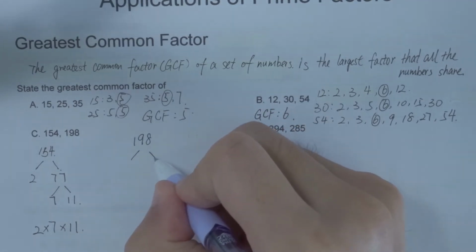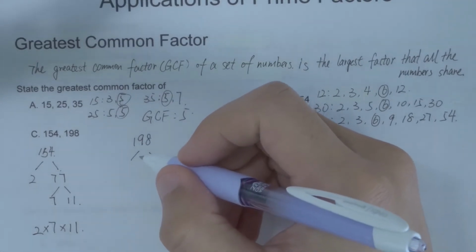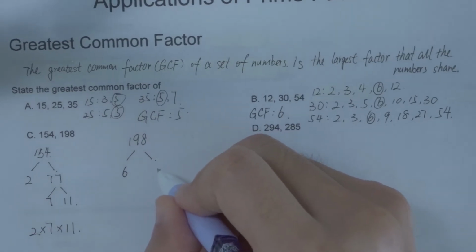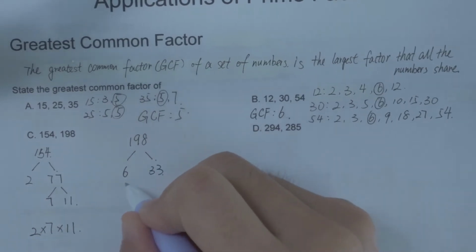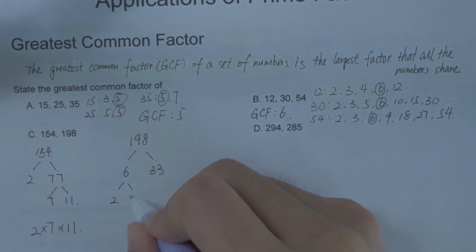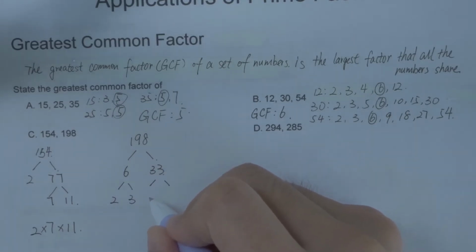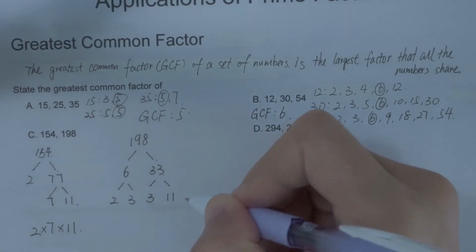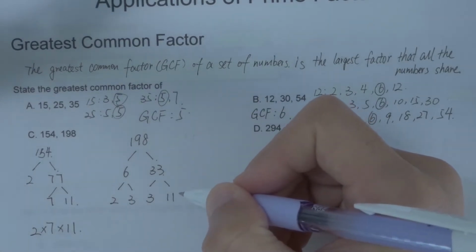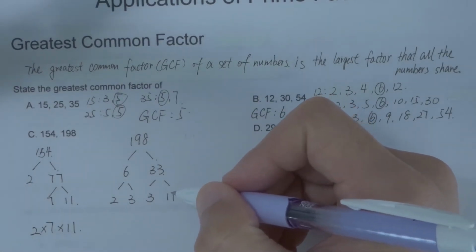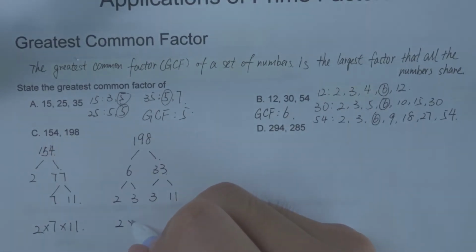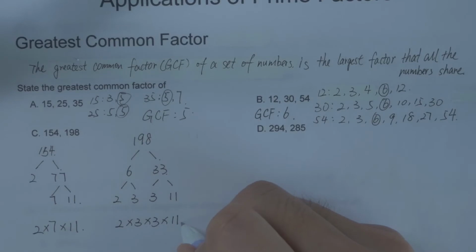198 we can break into 6 and 33. And 6 we can break into 2 and 3. 33 we can break into 3 and 11. So 198 we can write as 2 times 3 times 3 times 11.